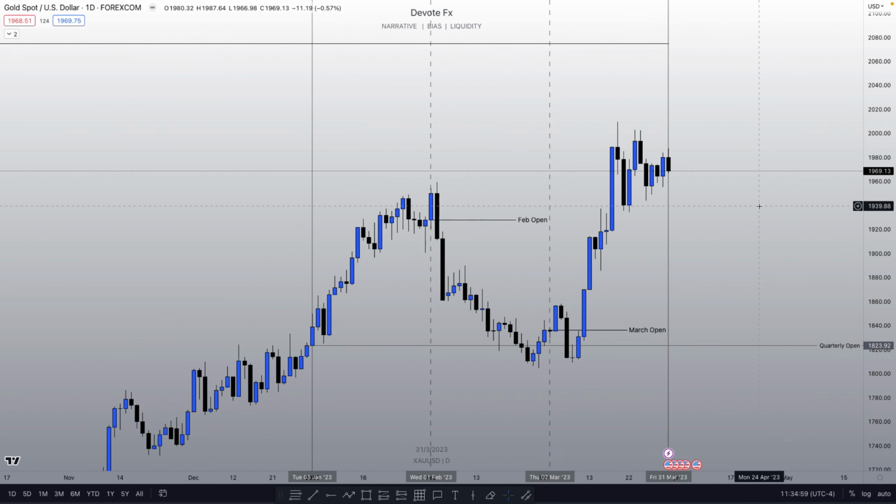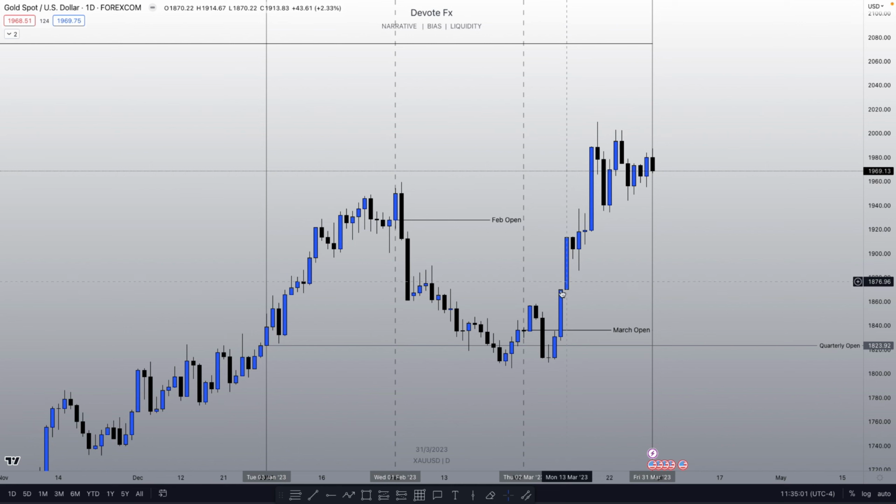Up there. And then we can look at this large imbalance that's being left open and relative equal lows, possibly. I wouldn't favor this. I'd favor this here. This large imbalance being left open tells me that it's going to be used for a larger fractal.